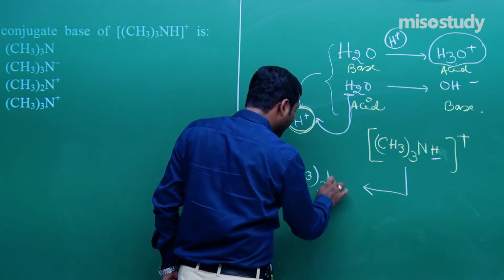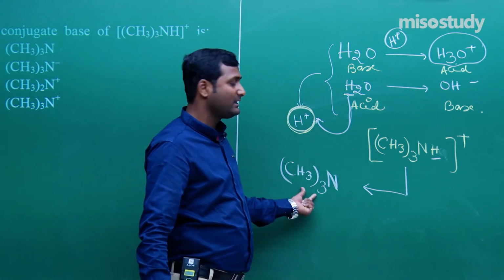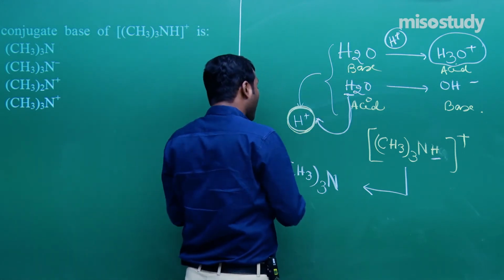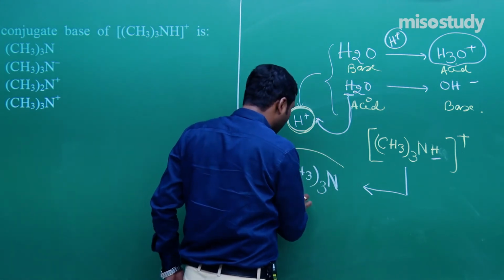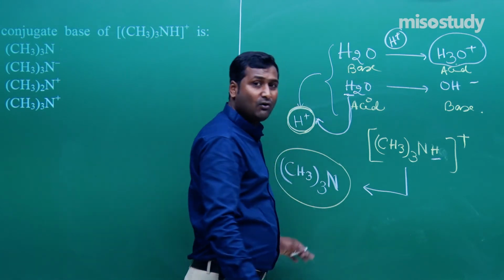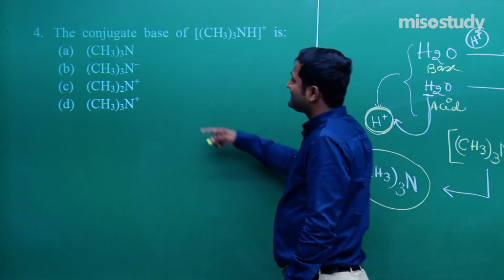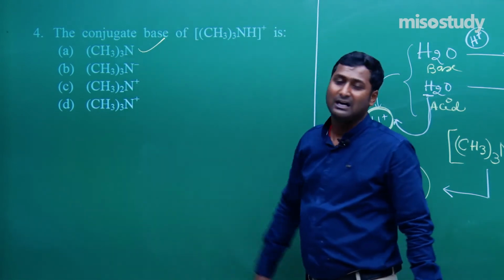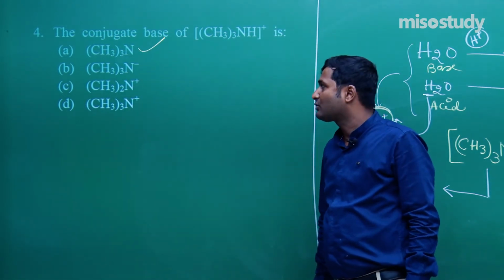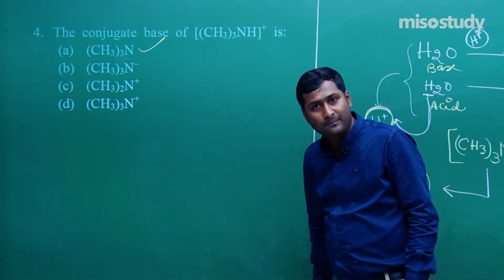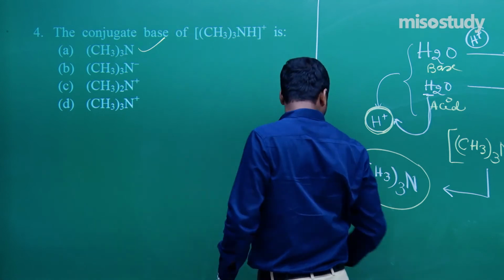(CH3)3N. This one is its conjugate base according to the concept. So check out which one is the correct option. Check it out, that is (CH3)3N. So for question number 4, A is the correct option. Clear? I think now you can easily solve such questions.